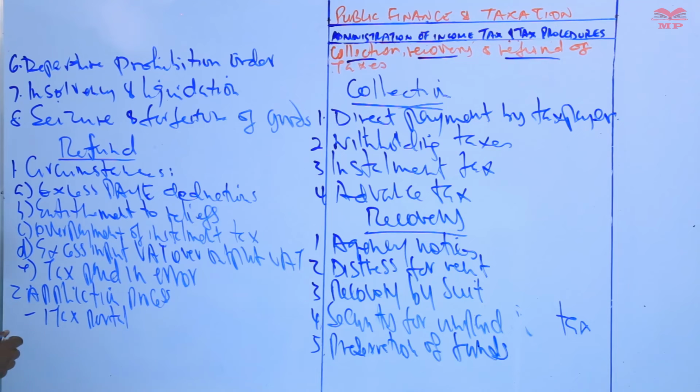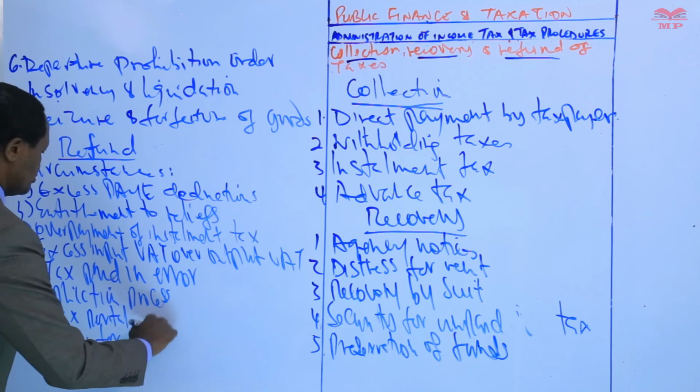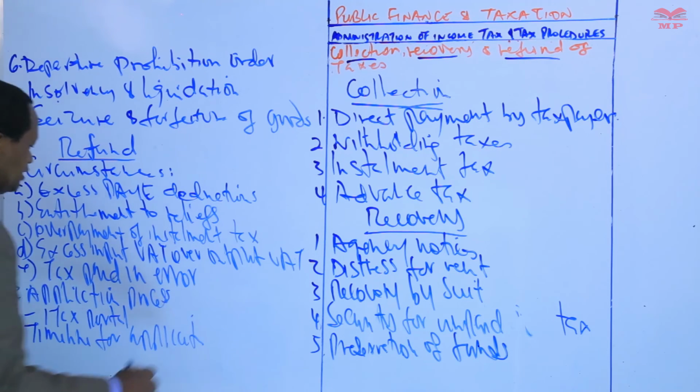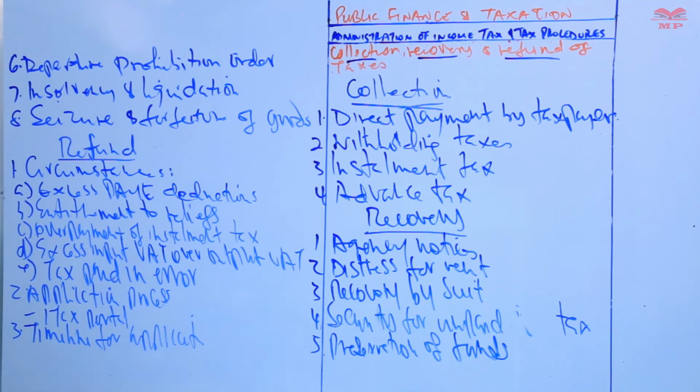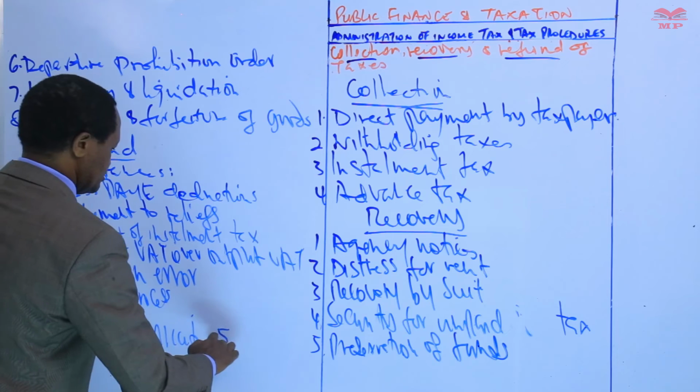Then it's important under refund to make mention of the timeline for application. Are there time limits? Now, the general timeline for applying for a refund of overpaid tax under the Tax Procedures Act is 5 years.